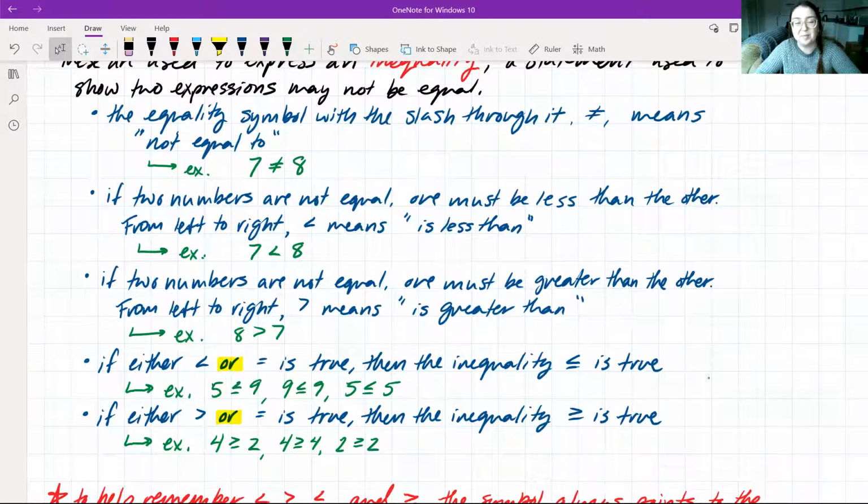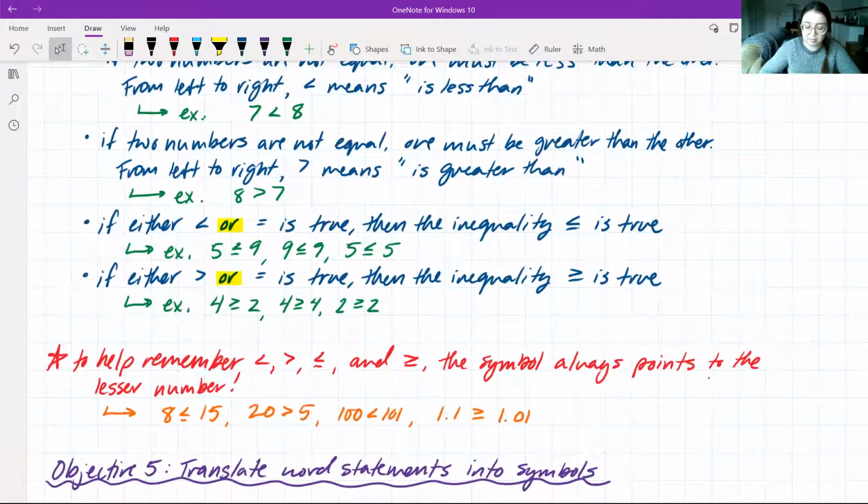For example, 4 is greater than or equal to 2. 4 is obviously greater than 2, but since it satisfies one of its conditions, we can also say that 4 is greater than or equal to 2. We can also say that 4 is greater than or equal to 4, since 4 is equal to 4, and 2 is also greater than or equal to 2, since 2 is equal to 2.